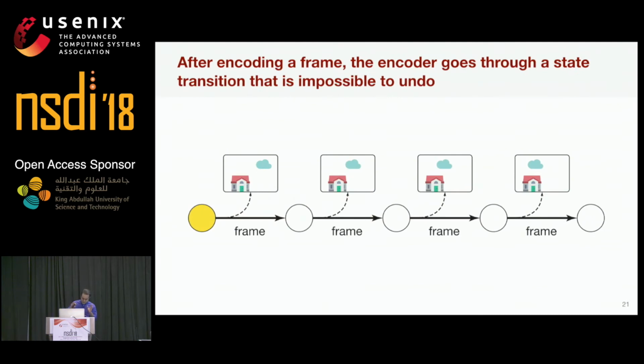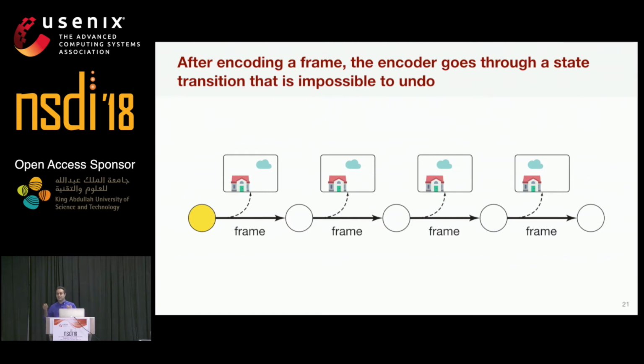The thing is that the encoder, the program responsible for compressing the video, is stateful. After it encodes the frame, it goes through a state transition that is impossible to undo. In that shoe example, you put on the shoe, but you can never take it off again.